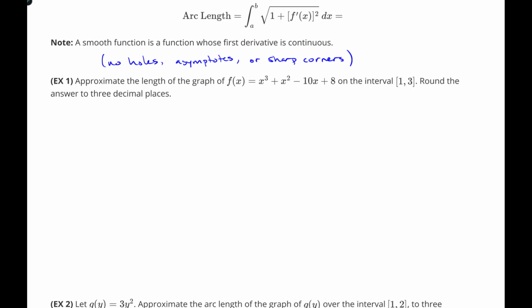Now, first off, just so you know, whenever you see the word approximate, that tells you that it's perfectly okay to give your answer as a decimal value. A lot of times that's because there's just no way to get an exact answer for some of these integrals.